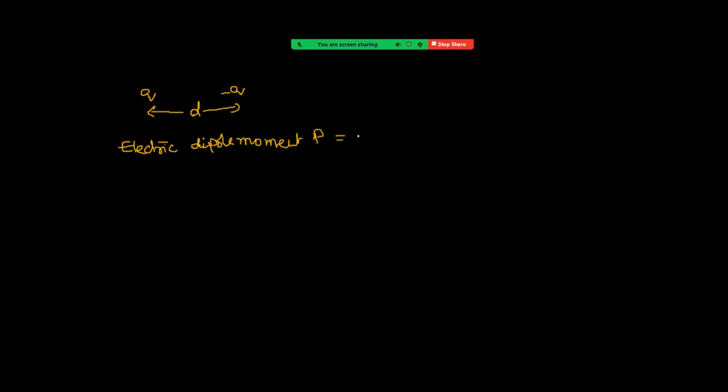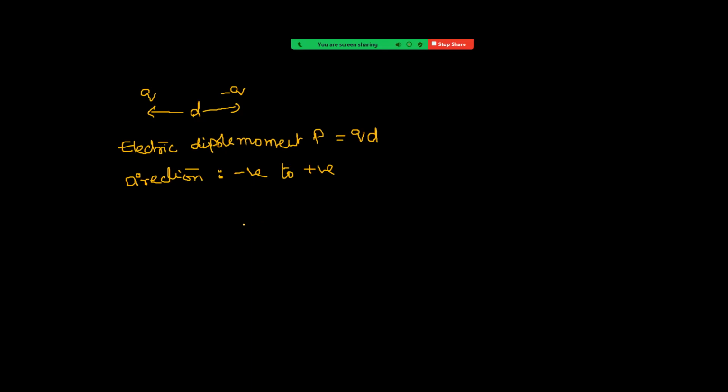Notation is P. It is equal to the product of the magnitude of one of the charges and the distance between them, Q into d. For this vector quantity, the direction is from negative charge to positive charge.